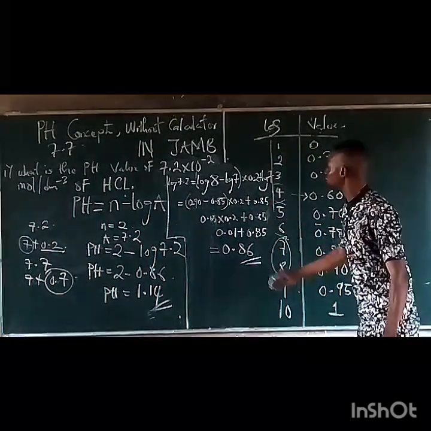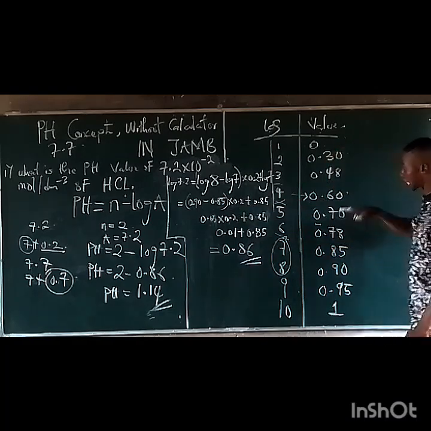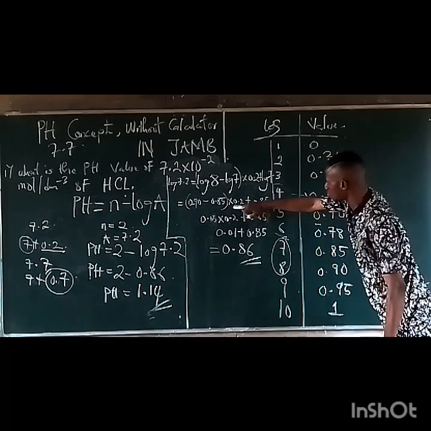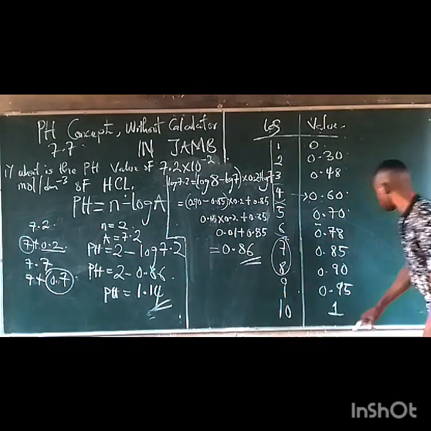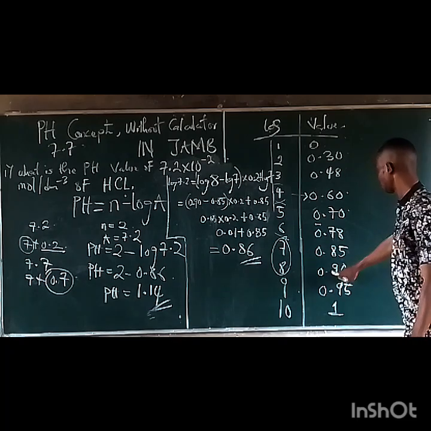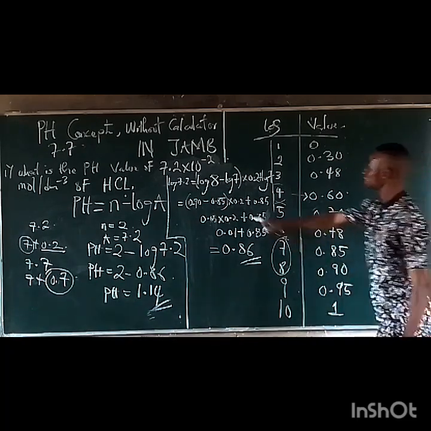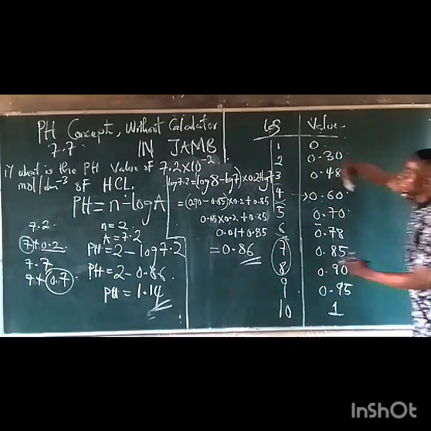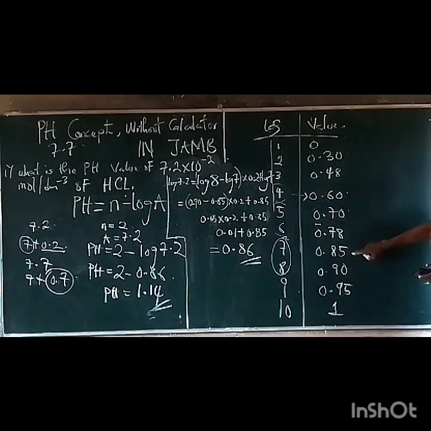And by the time you solve it, this place is 0.7, and if we test it and put 0.7 there, our value will be around something like 0.8. You know, the high value here is 0.90, and 7.7 will be closer to 0.90 compared to 0.85.